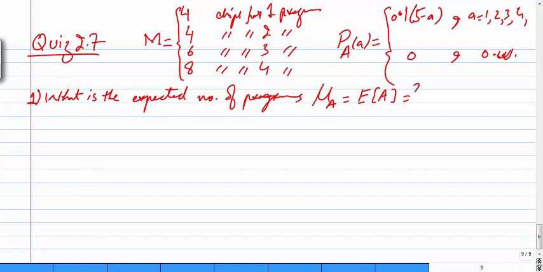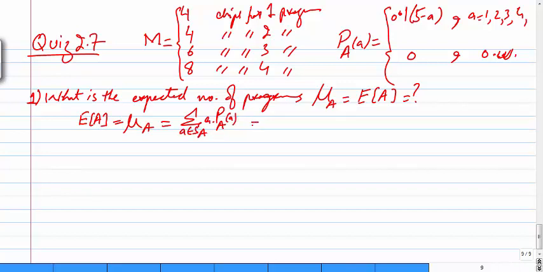To answer this, just apply the formula. The expected value of A, mu of A, is the sum of a times P_A(a), for a belonging to S_A.